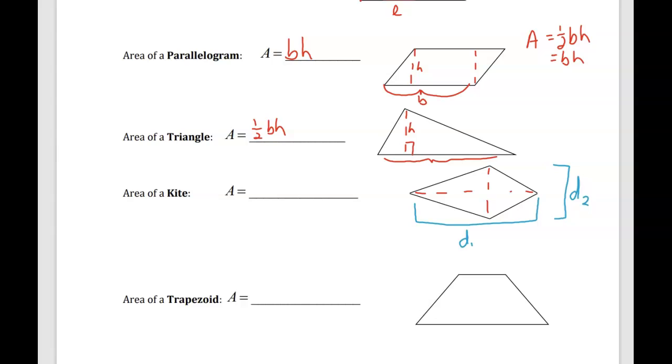And if you think about it, normally in our area of, say, just a regular rectangle, we take length times width. So we're going to take D1 times our D2. But since we don't really have a rectangle, we're going to take 1/2 of it. And the reason why is because you'll notice that we don't have an exact rectangle. We can make a rectangle, and then we're cutting off these right angles here. And so that's why we only take 1/2 of it.